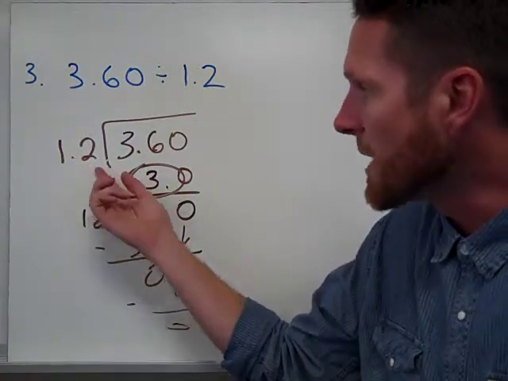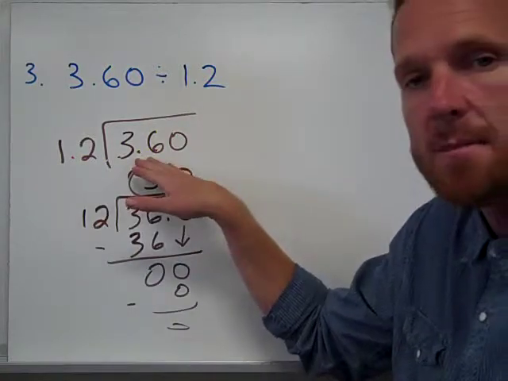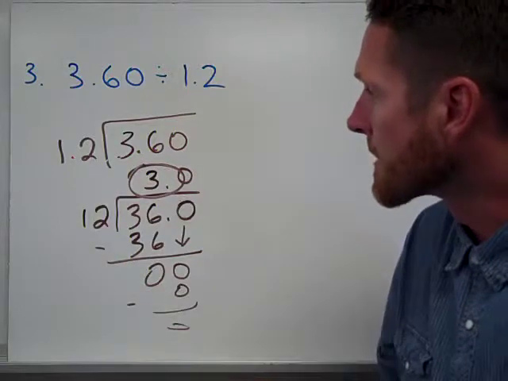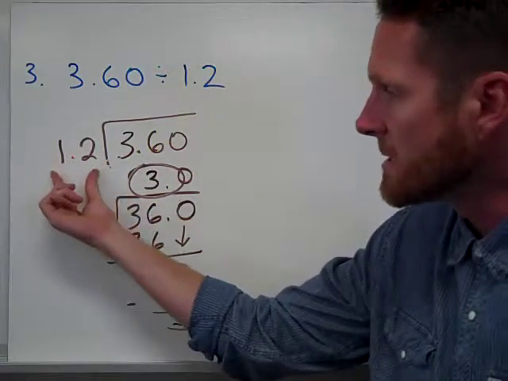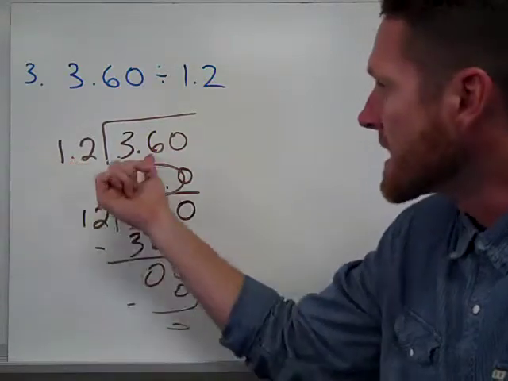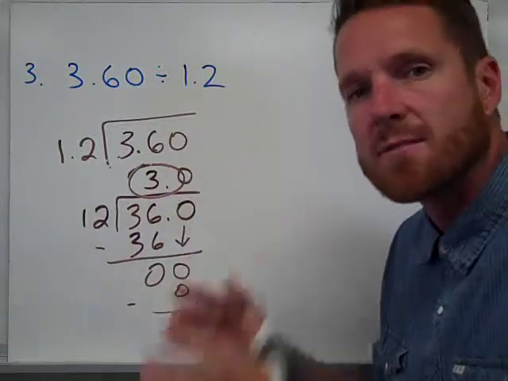If I need to move it over 2 place values, I multiply by 100. And whatever I do to the number here, I have to do the same to the number on the inside as well.